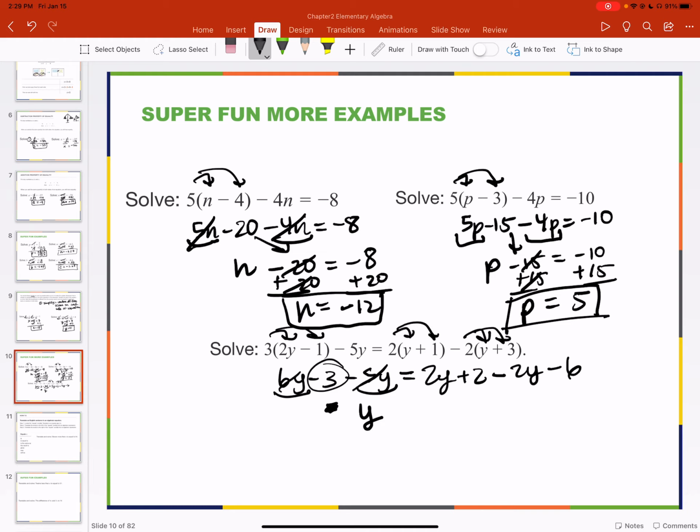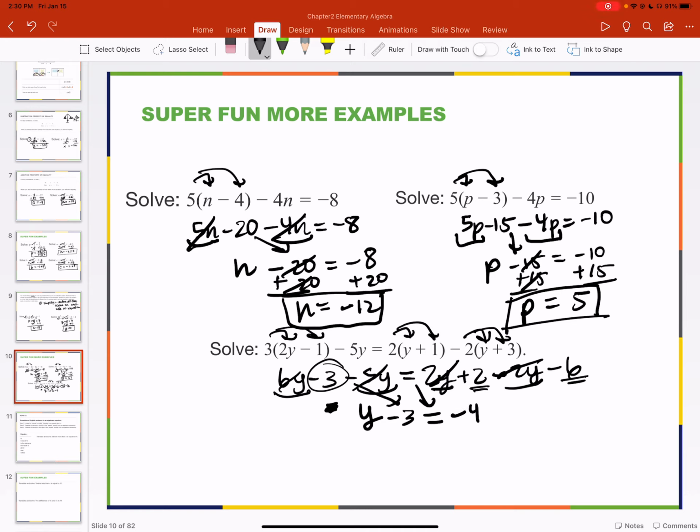And then we have this negative 3 to bring down here, minus 3. Then the equal sign, and now we do like terms. 2y minus 2y cancels itself out, right? Because anything subtracted by itself is 0. And you have positive 2 and a negative 6. So when we combine positive 2 minus 6, different sign, subtract, and you keep the sign of the larger, so this is going to be negative 4.